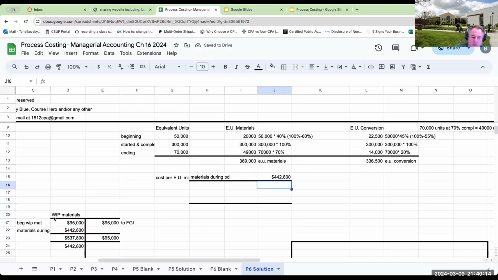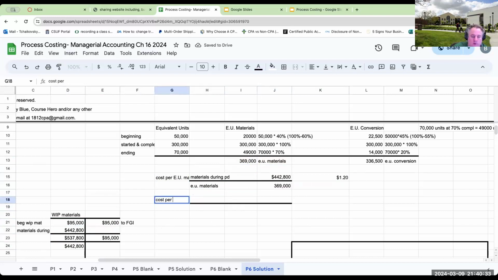It doesn't include the beginning because we already moved out those costs. So this is what was left. And we're going to divide this by the equivalent units for materials. And this is going to give us a cost per equivalent unit of $1.20.